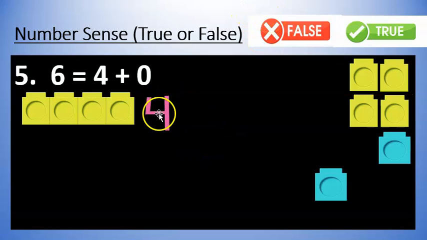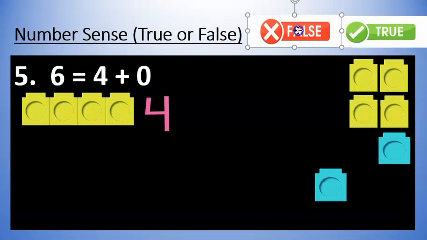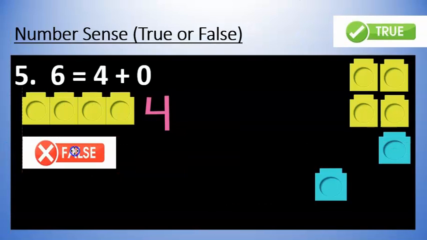Now, boys and girls, 4 and 6. Are these two the same numbers? No, look at that. They're different numbers. So, boys and girls, is this false or true? It's false, okay?